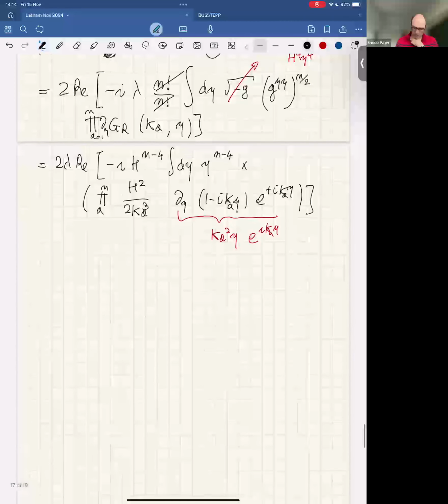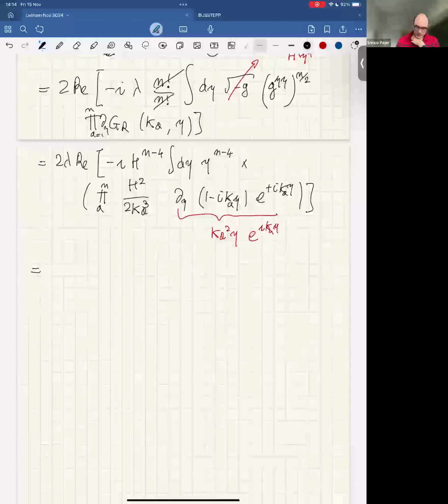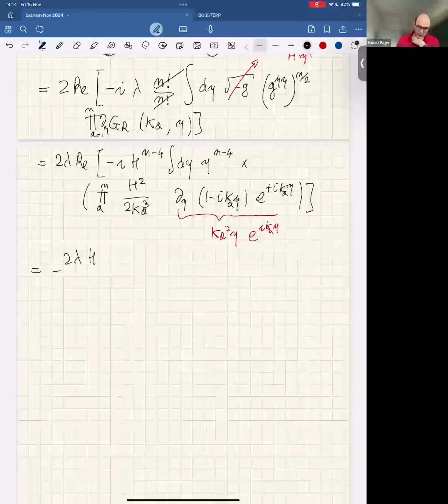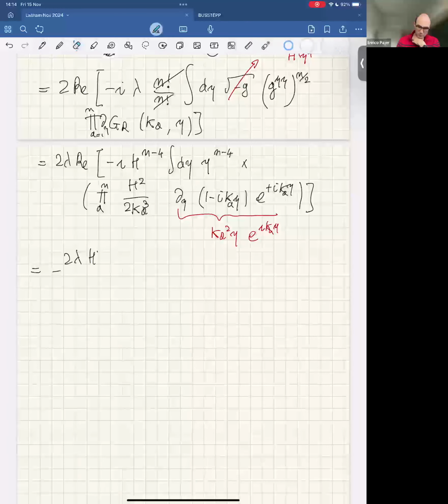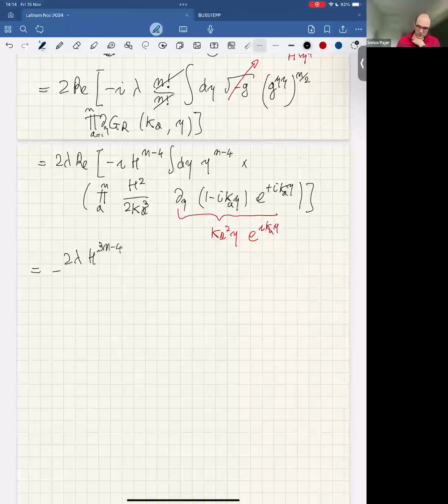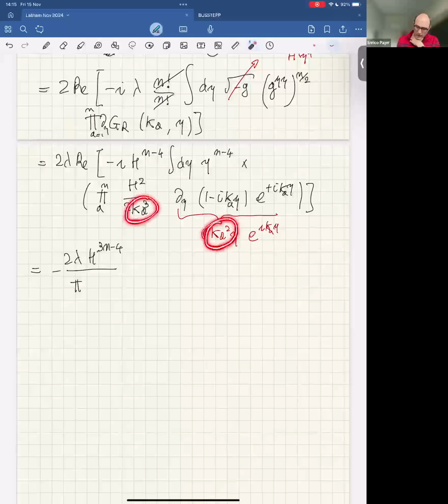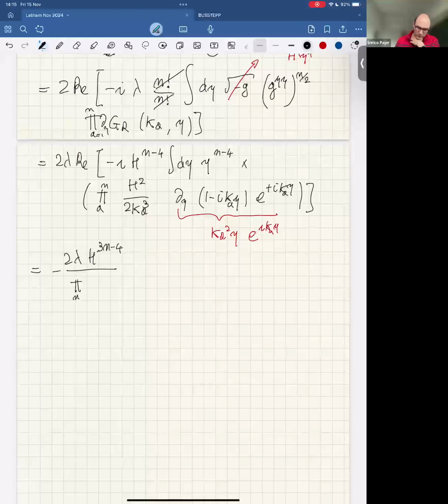And so I can collect all of these factors together. Minus 2λ H to the 3n minus 4 divided by... Notice that there are all the k squared here and the k cubed here, so I get just 1 over the product of all possible k's. And there is a factor of 2.